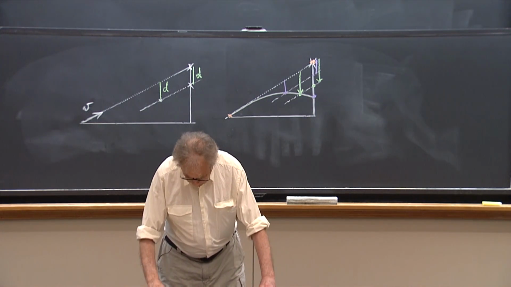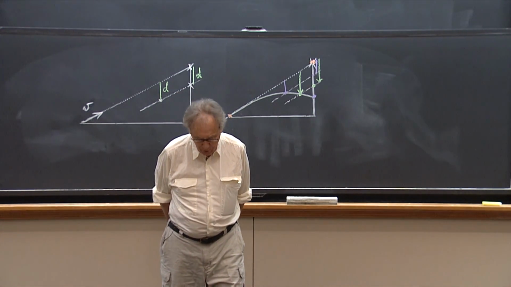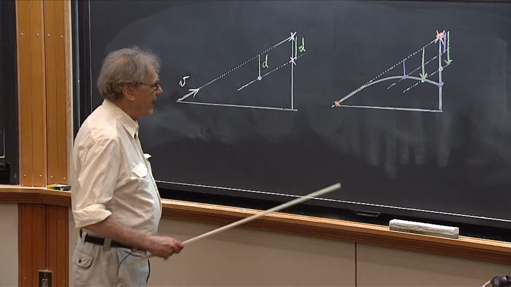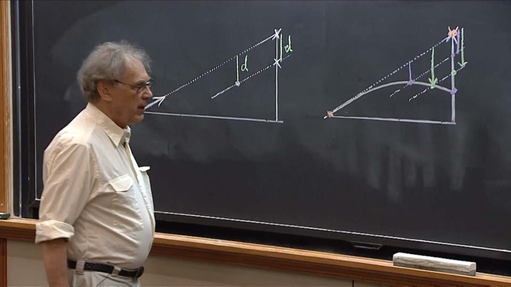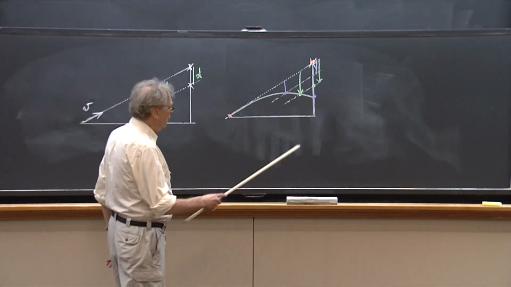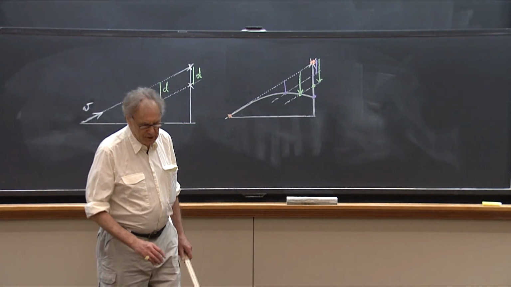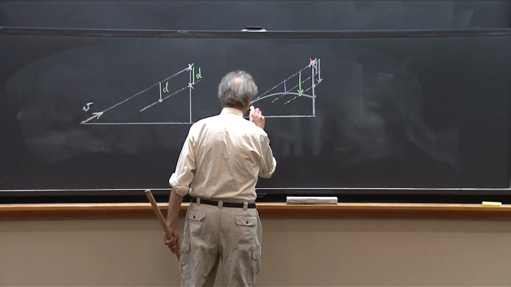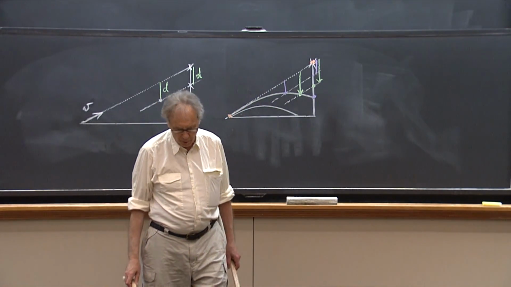It's very tragic, but Robert will always get killed, independent of the speed of the bullet. If the speed of the bullet is high, Robert is going to be killed somewhere here. If the speed of the bullet is low, Robert is going to be killed somewhere here. If the speed of the bullet is very low, then Robert may not be killed at all, because the bullet may never reach Robert.